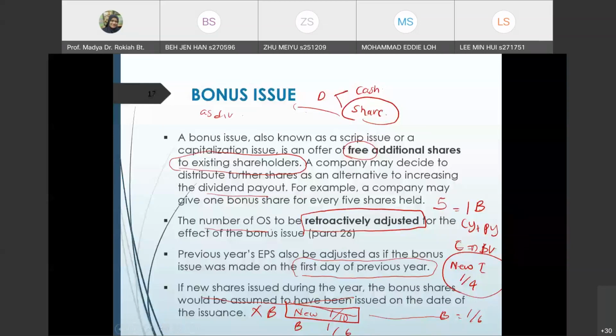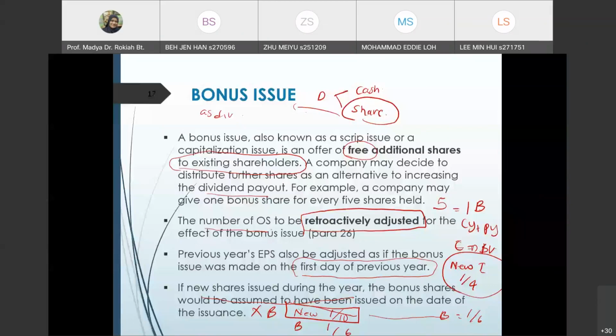This one is a new issue related to the bonus issue. The bonus issue should be retroactive, meaning the current year and also the previous year. But be careful with the new issue. If the new issue was already issued before the bonus announcement, it is entitled. But if the new issue is after the bonus announcement, it is not entitled for a bonus.